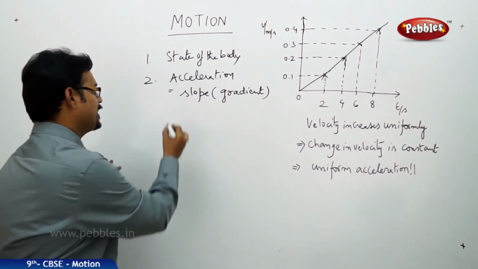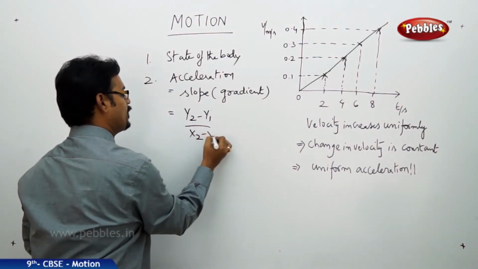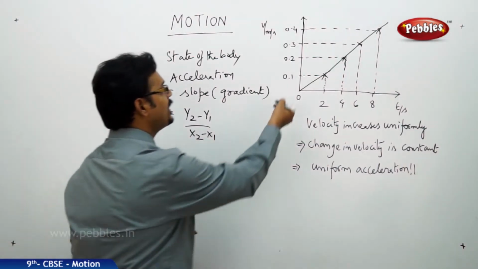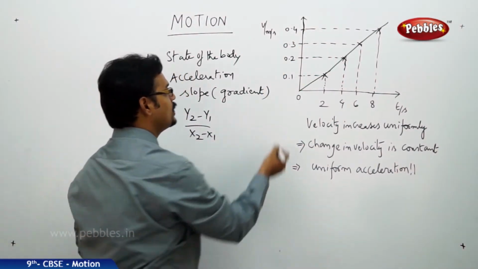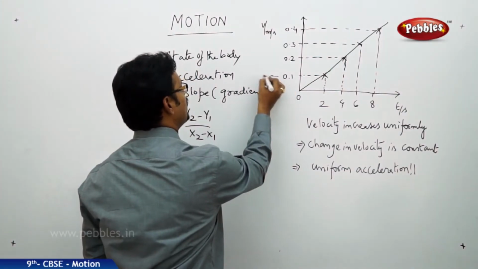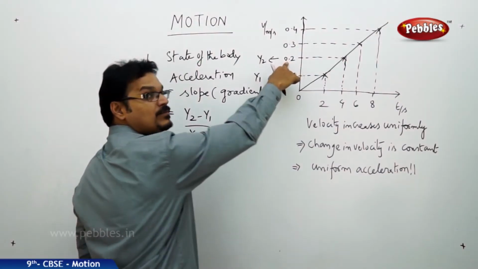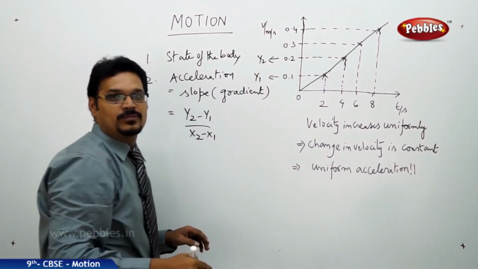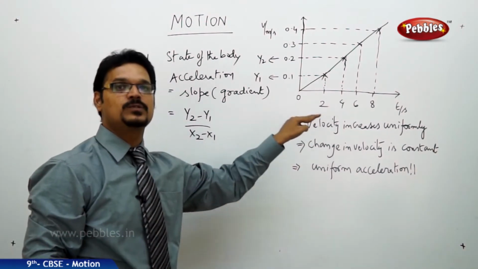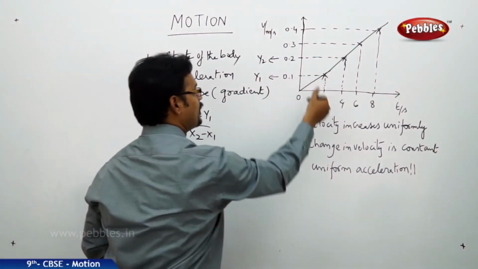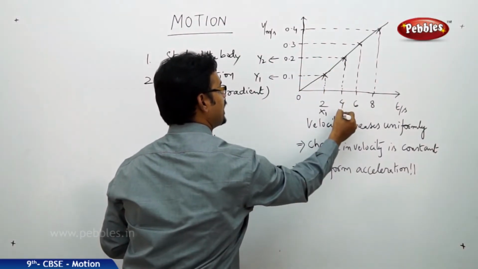Same mathematical formula, y2 minus y1 by x2 minus x1. So take any two points on the y-axis as y1 and y2. Let me take 0.1 as y1, 0.2 as y2. You can take this as y1 and that as y2. It's your choice, but be careful. Corresponding thing you need to take x1, x2. So y1 corresponding is x1, y2 corresponding is x2.